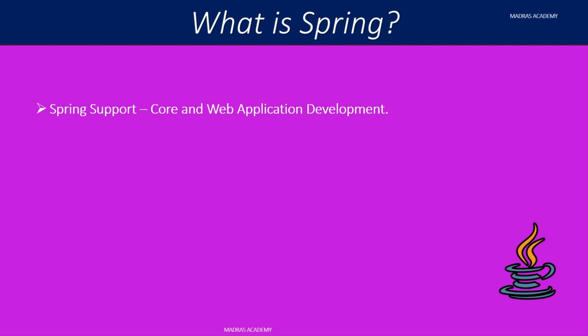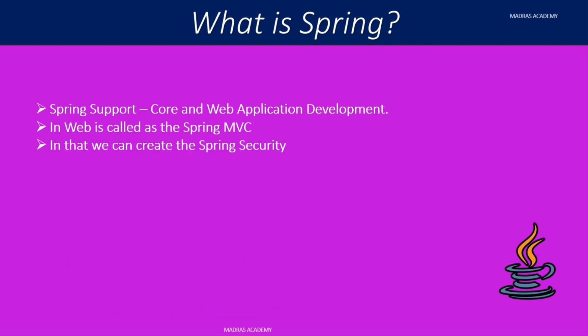Spring supports core as well as web application development. The web part is called Spring MVC, that is model view controller. And in that we can create Spring security also.